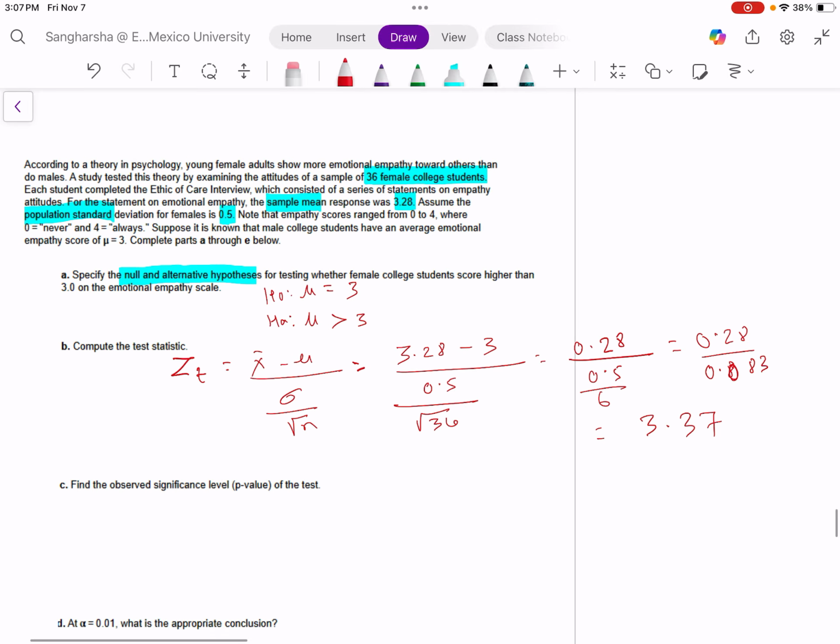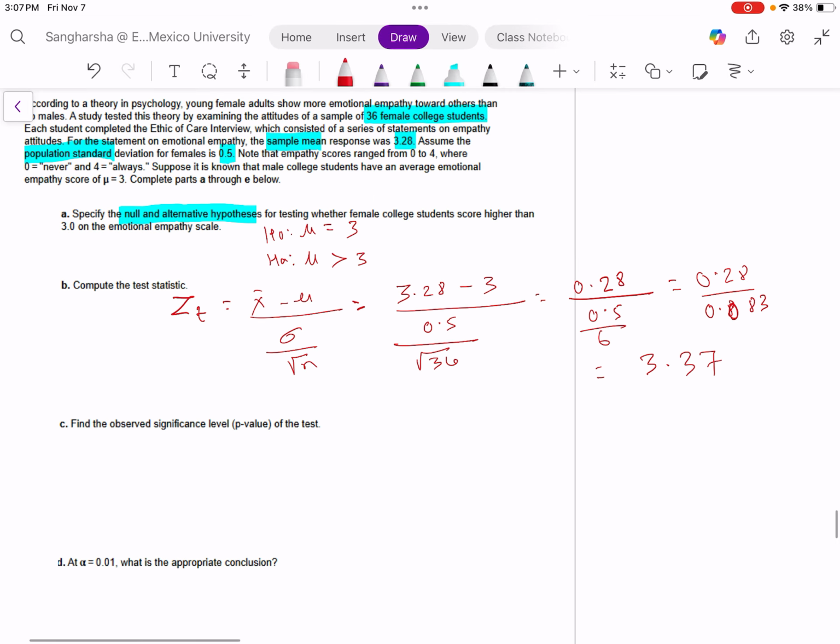Okay, this is our test statistic. Find the observed significance level, the p-value, for the test. Let's go ahead and find the p-value.